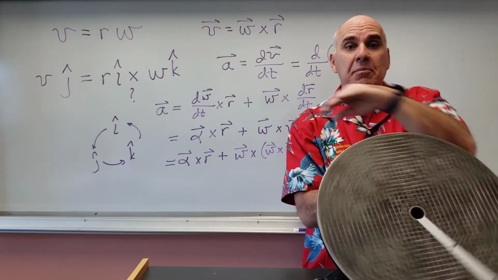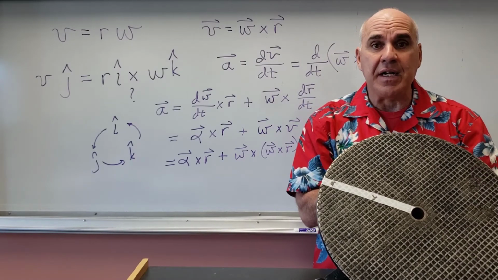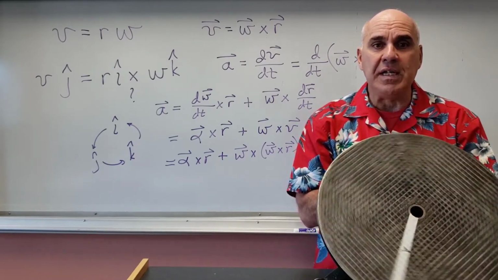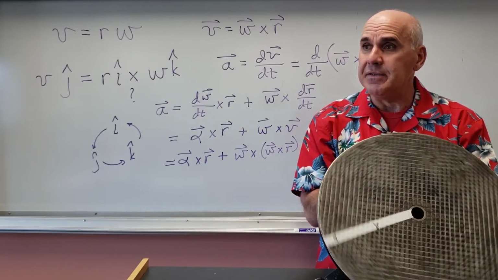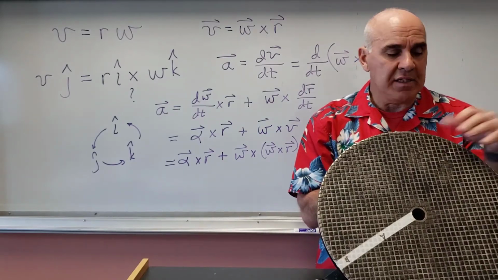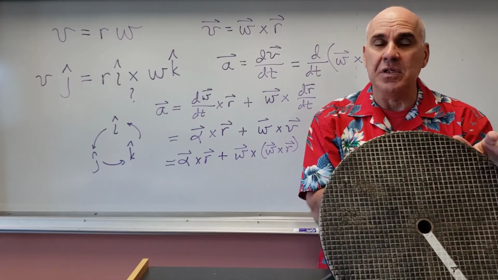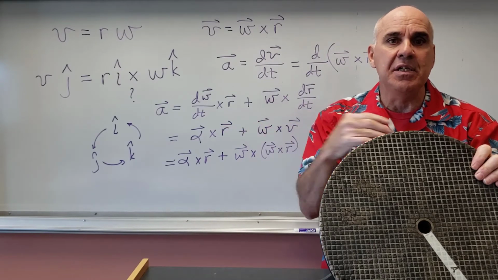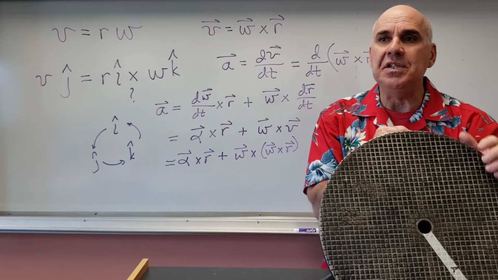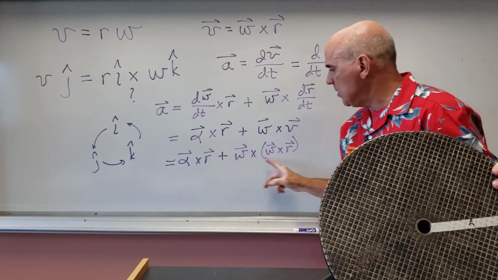If I'm speeding up, then alpha is in the positive k direction, but if it's slowing down after I let go, then alpha's in the negative, and that would be an acceleration which is down, in the opposite direction as the velocity. And remember, if the acceleration and the velocity are in the opposite direction, your speed is decreasing, right?